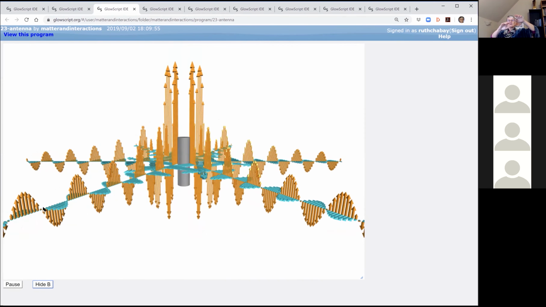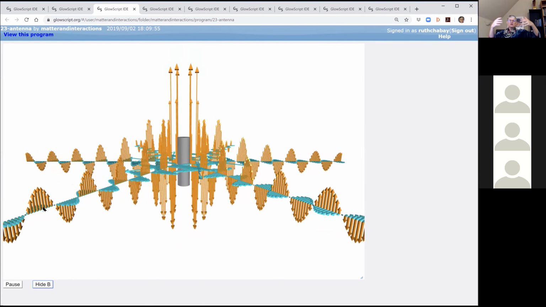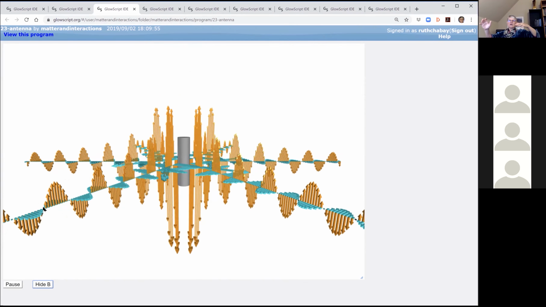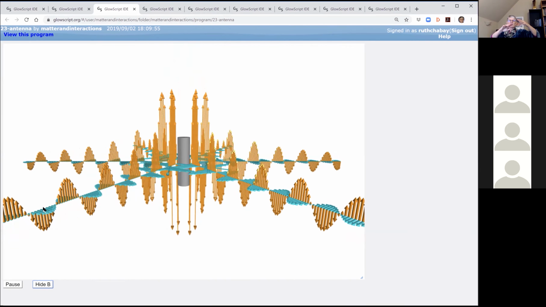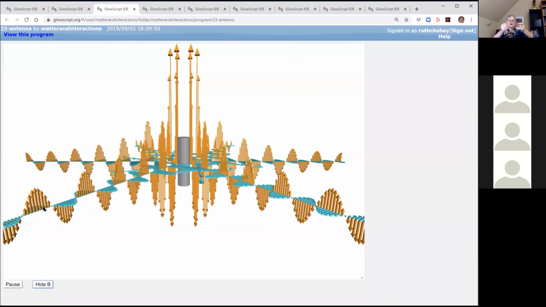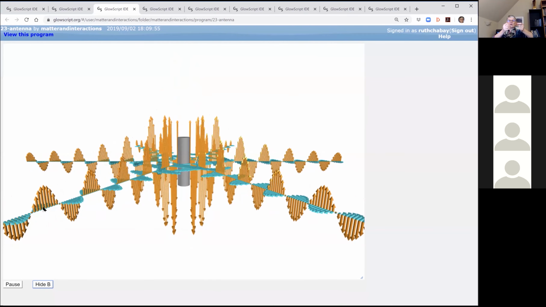And now we are making the connection between this quantum model of emitting photons and the classical model of emitting electromagnetic radiation, and seeing that we need pieces of both of these models to understand what's happening.